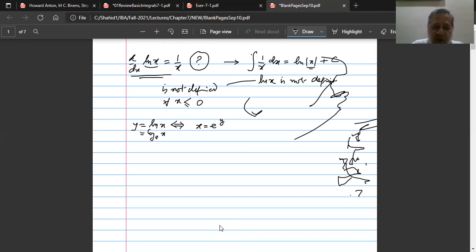And when you consider dx by dy, and if you know that the derivative with respect to y of e power y is equal to e power y, so we write down dy by dx is equal to 1 upon e power y, that is 1 upon x. This is one reason that we write the derivative of ln x is equal to 1 upon x. And there are other reasons also if you use the first principle.